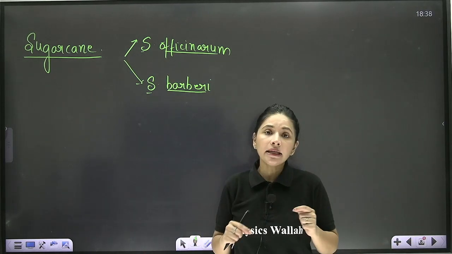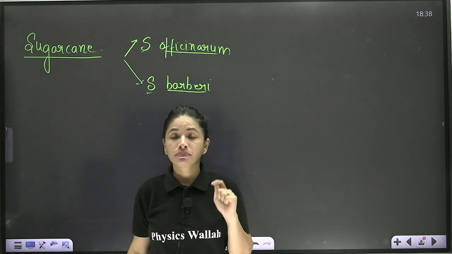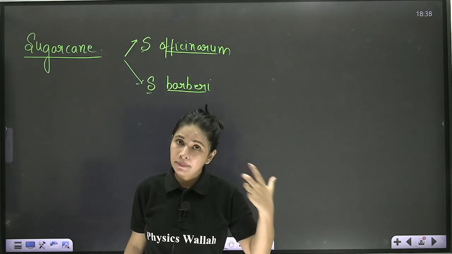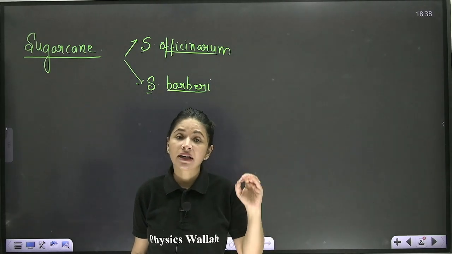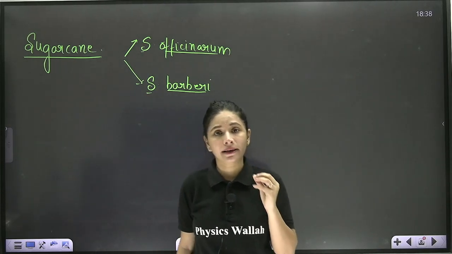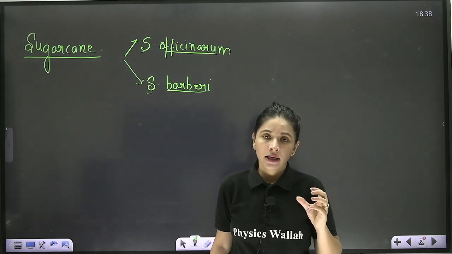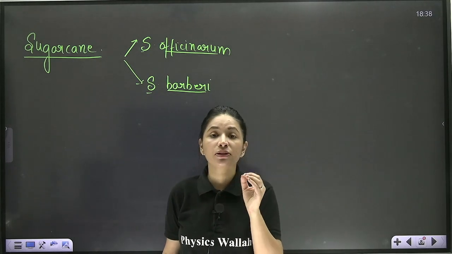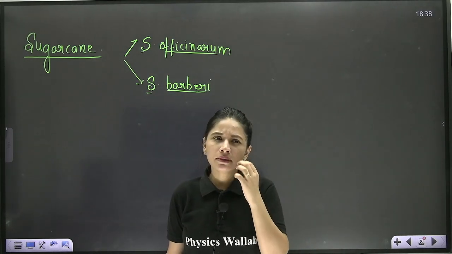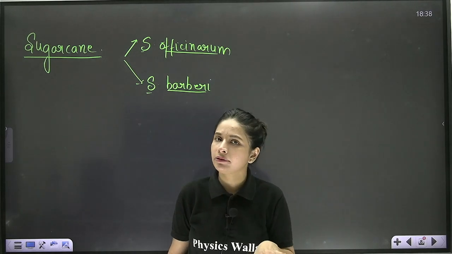But the trouble is, barberi beta, it is capable of growing in North India in the northern climatic condition, but the sugar content from barberi is very, very low. The thickness of the stem, the sugar content of the stem is very, very low. So farmers of North India, they are not satisfied with barberi.